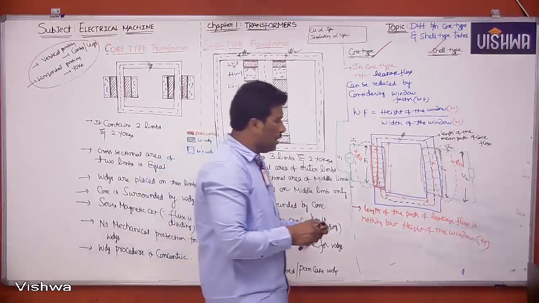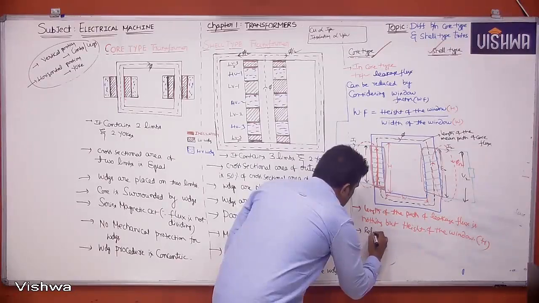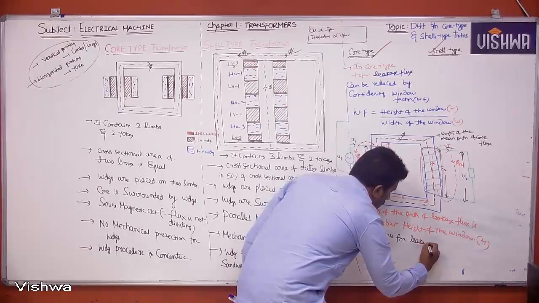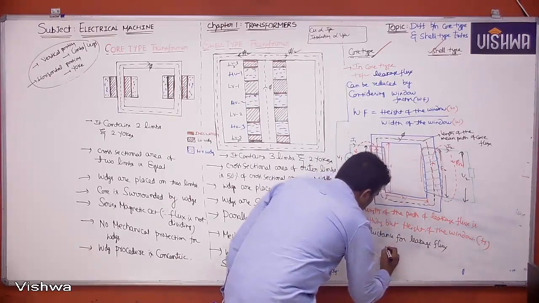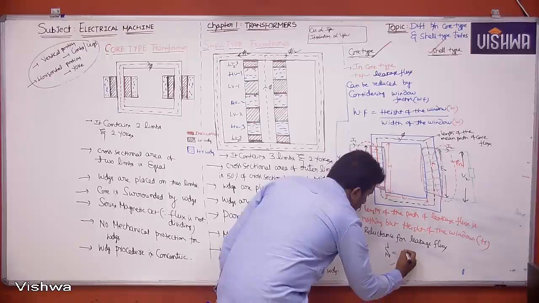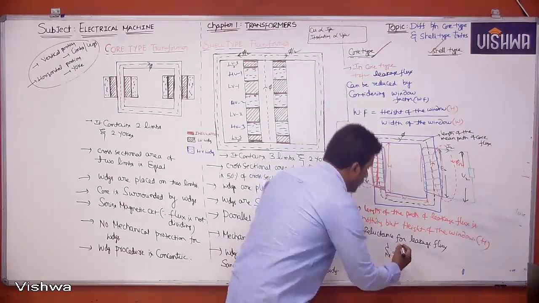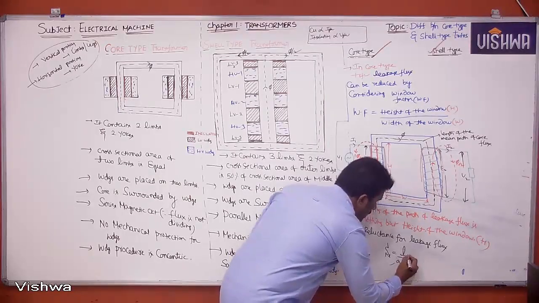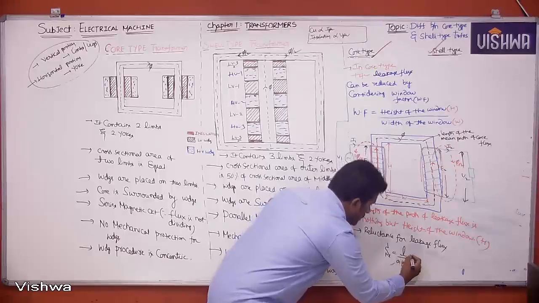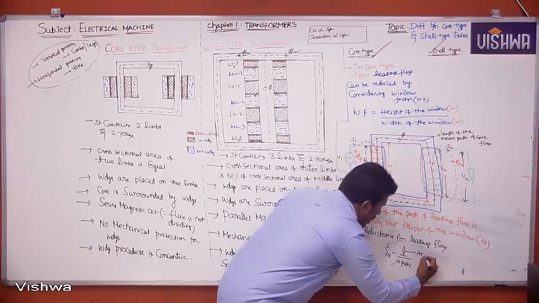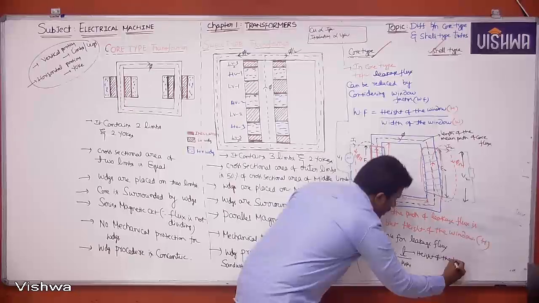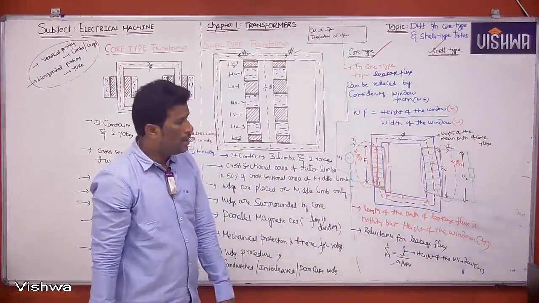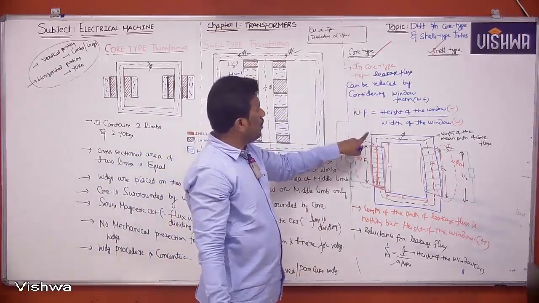So now please tell me, I want the reluctance for leakage flux. What is the formula for reluctance for leakage flux? It is l by A mu naught mu r. Here, don't take the entire length. Here the length is nothing but the height of the window only, H. Now tell me, in a core-type transformer, how can you reduce the leakage flux?